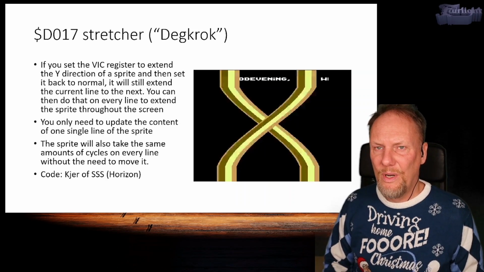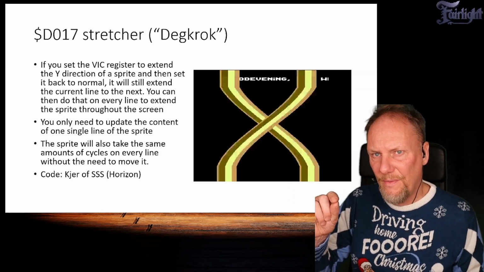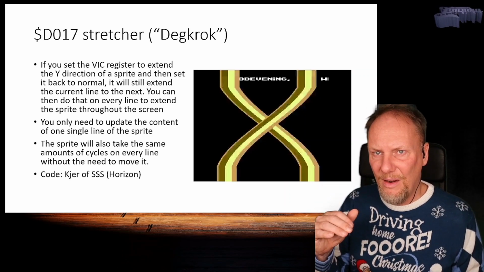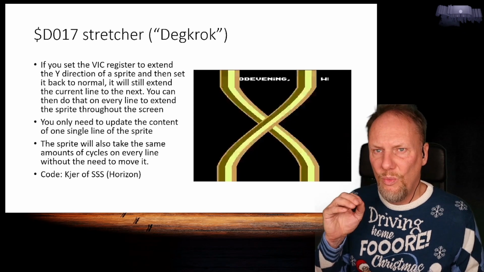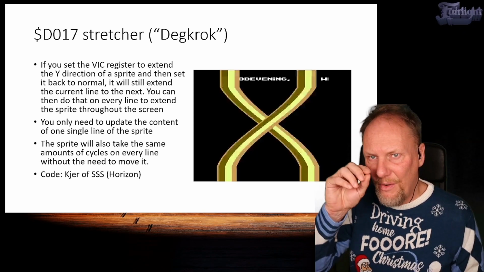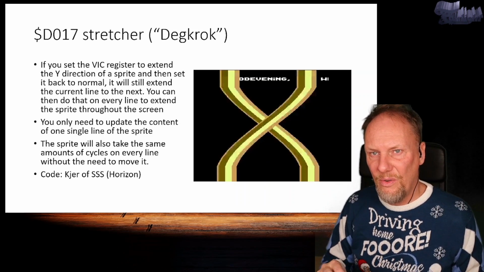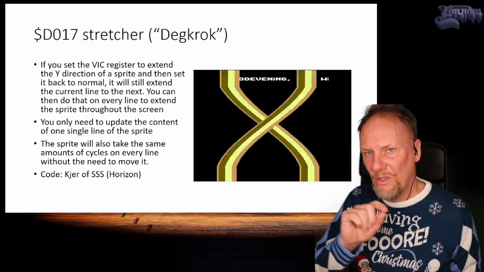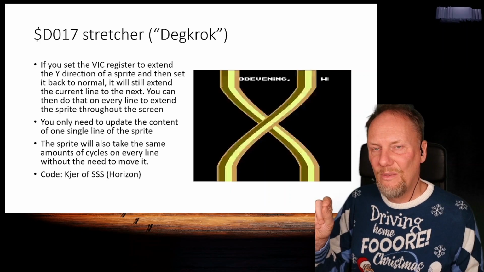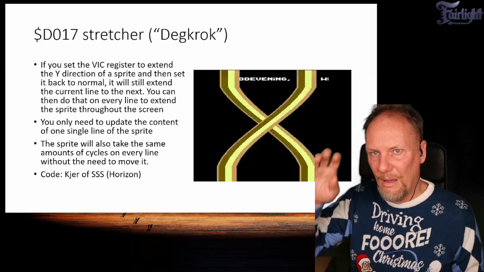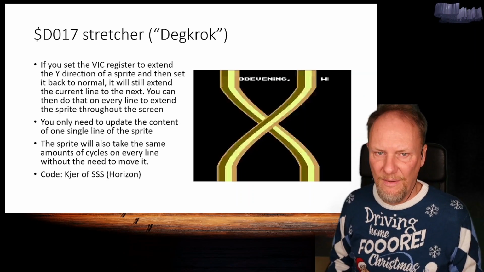That way you would have the current row printed again in the next row. And if you repeat that on every row, you would have the very same line of a sprite stretching all across. So basically you can just print the first line of the sprite and you would have that line on all the lines of the screen.